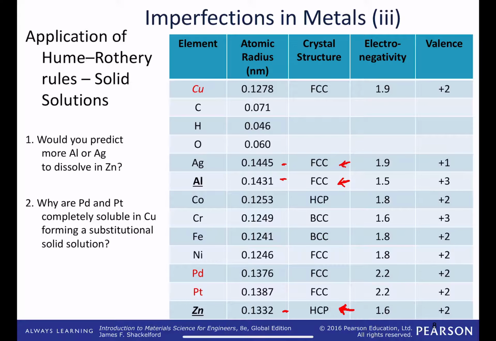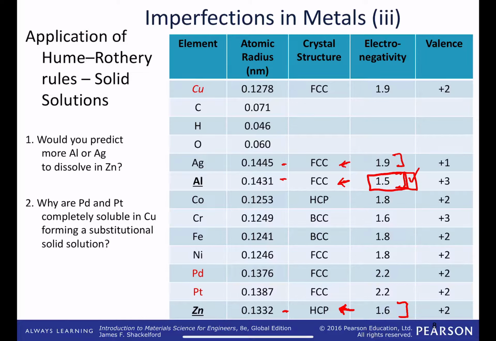Lastly, the electronegativity values. You can see here the zinc electronegativity value is 0.16, and we have that of aluminum being closer to that than the silver. So at this point, the electronegativity difference argument is favoring aluminum over silver.